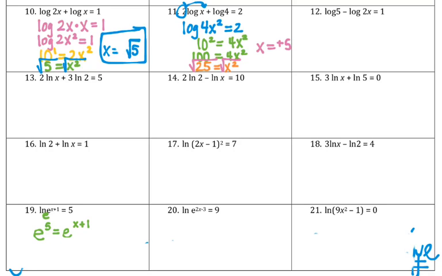Where did you get 4? Well, plus 4 is 5. I have a 5 here and an x plus 1 there. Those should be equal to each other, right? If I've got an e over here and an e over here, so 5 should equal x plus 1. And when I subtract 1 from both sides, x is going to equal 4.